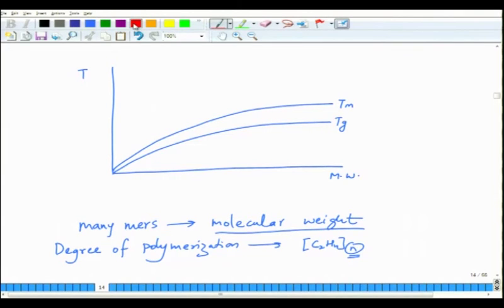We can basically divide this into various regions. Let us say this is a region up to which it remains a mobile liquid at high temperatures. At lower temperature, basically there are two regions, loosely drawn. In the first region, it is basically a crystalline solid.